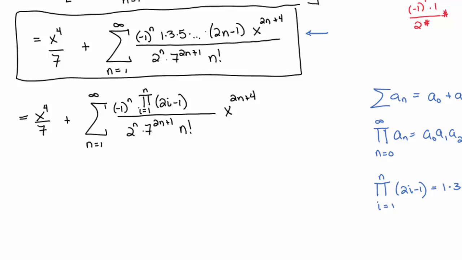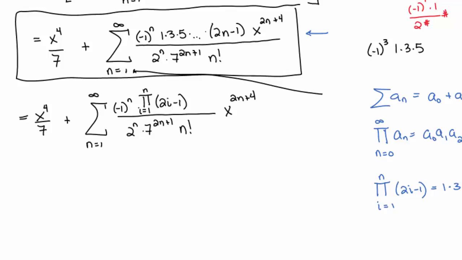So in other words, if I'm at n equals 3 in this summation right here, that means that my numerator is negative 1 to the third times 1 times 3 times 5. And I stop at the third odd.